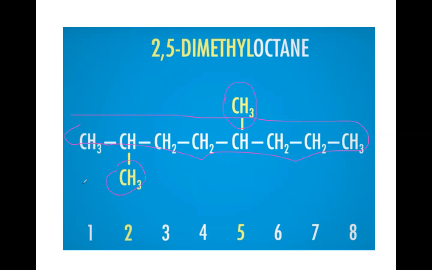And 2,5 because we number it this direction, left to right. We don't number it right to left because then it would be 1, 2, 3, 4, 5, 6, 7, right? It would be 4,7-dimethyloctane, and that's just a larger number than 2,5-dimethyl. So that's why we number it left to right in this particular instance.